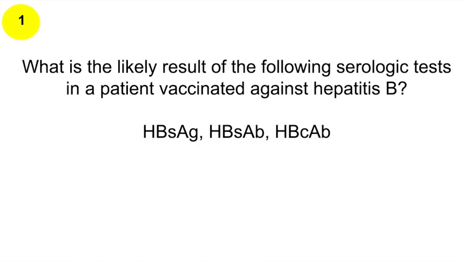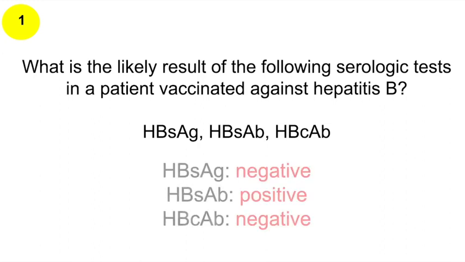This should look very familiar to you, but let's go through it together. The hepatitis B surface antigen is negative. Remember that the surface antigen means that you are sick with Hep B. But the fact that it's negative means that there's no active infection.